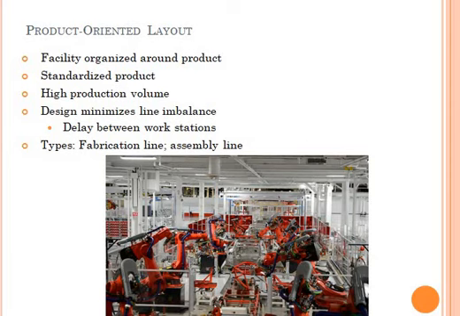I need to make the sequence of operations balanced with respect to time. Almost each station takes the same amount of time so that I do not have any delays in the steps. We refer to the product-oriented layout as the fabrication line or assembly line.